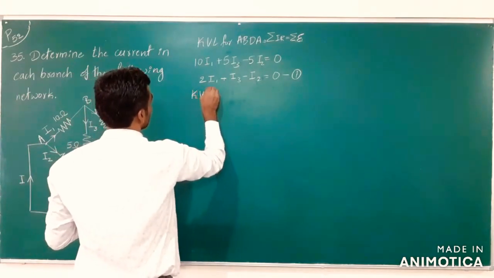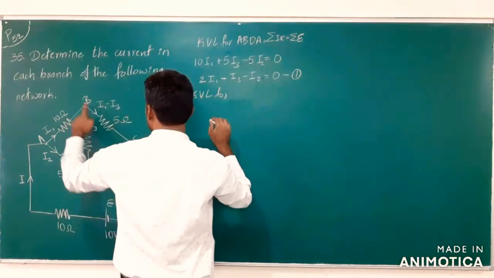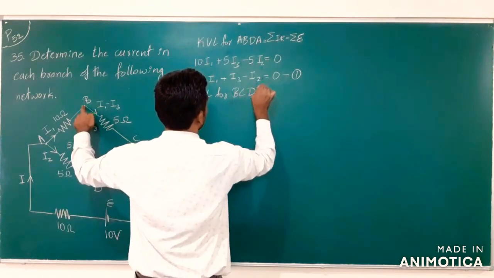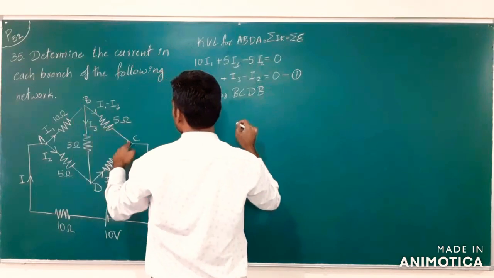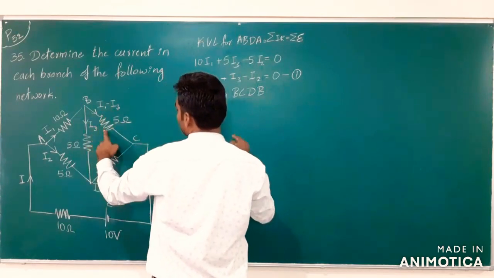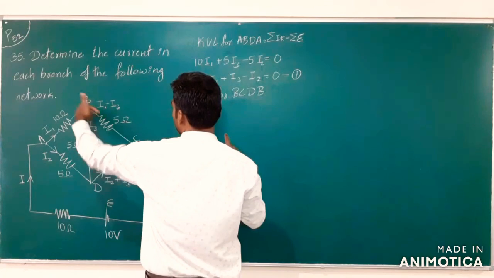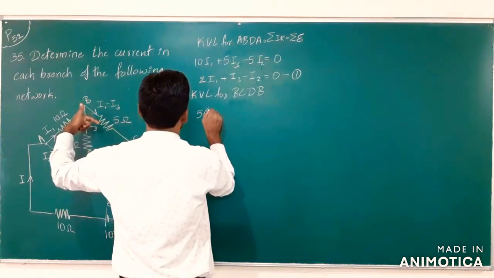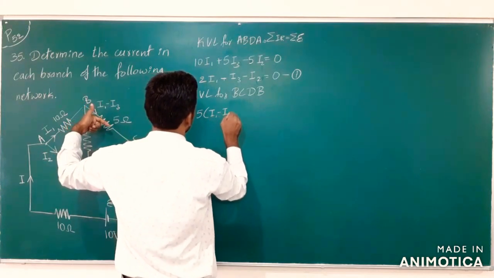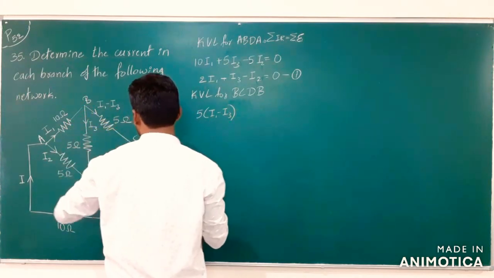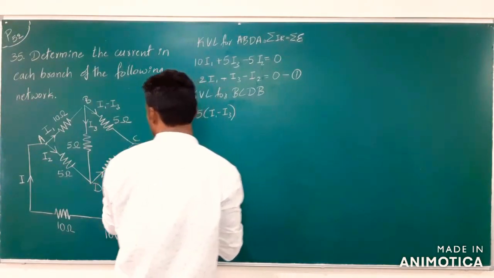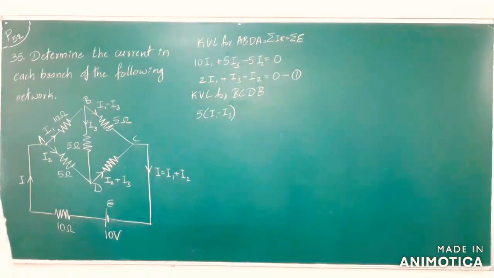Next, continuing, KVL for the loop BCDB. B to C, I1 minus I3 is the current, 5 ohm is the resistance, and the current is in the same direction, so it is 5 times I1 minus I3. Then C to D, I2 plus I3 is in the opposite direction, and the resistance of this, just a minute, I forgot to put the resistance, is 10 ohm.